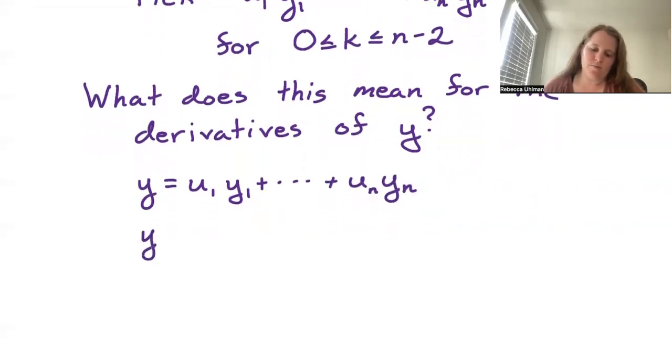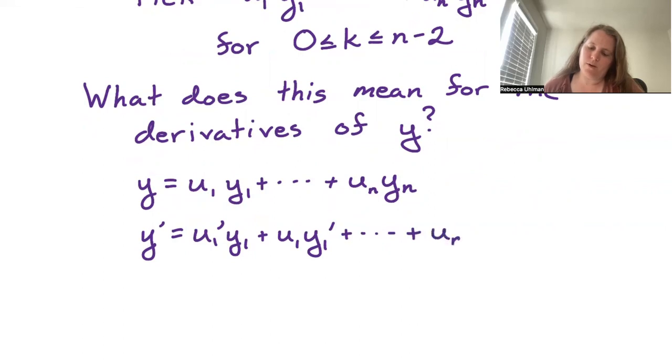For y prime, we would have u1 prime y1 plus u1 y1 prime plus all the way up through un prime yn plus un yn prime.